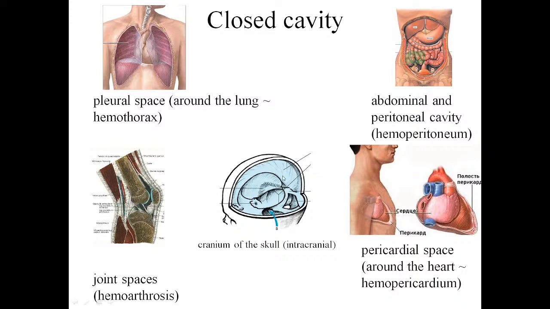The intracranial space is a closed space. And next you can see the pericardial space. The pericardial space is not connected with the environment, and bleeding inside the pericardial space is called hemopericardium.